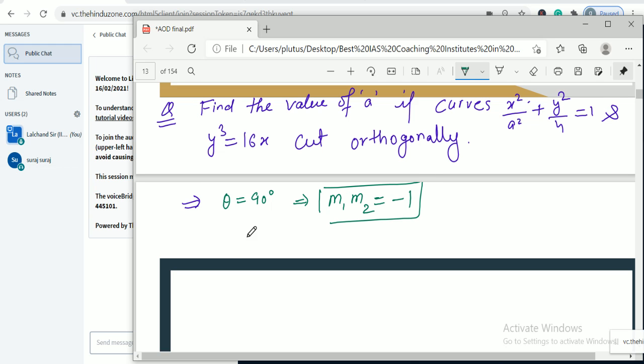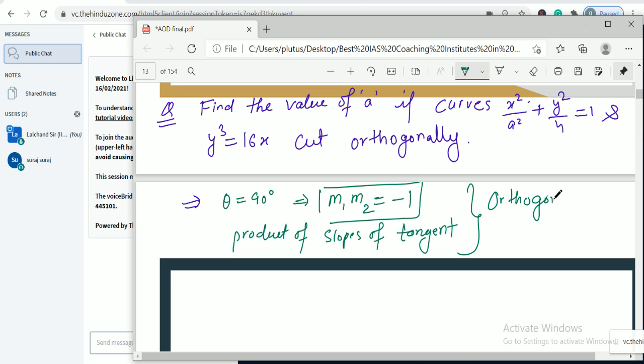This is the product of their slopes equal to minus 1. Okay. This is the condition for orthogonality. Okay, so we have two curves.